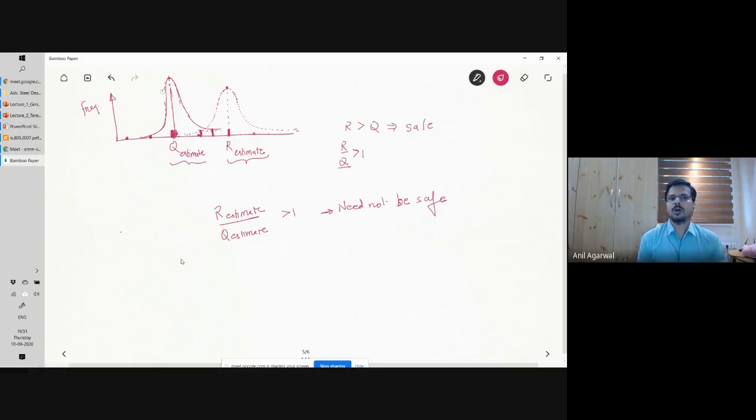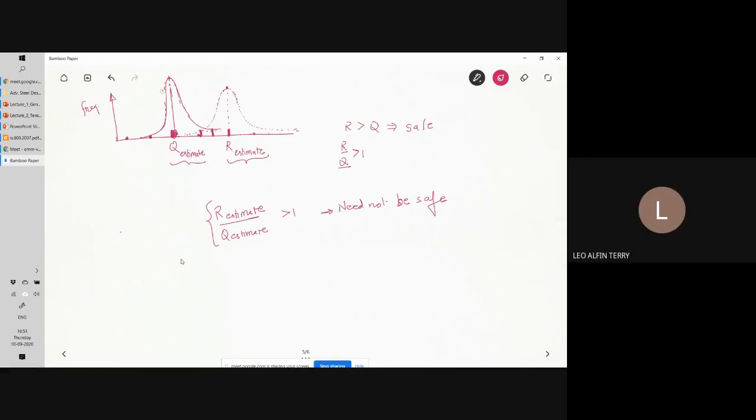Okay. So now what do I need to do so that I don't end up in a situation where my real R becomes less than real Q, even though my R estimate was greater than Q estimate? What do I need to do? Anybody? Some suggestions? Factor of safety, sir.